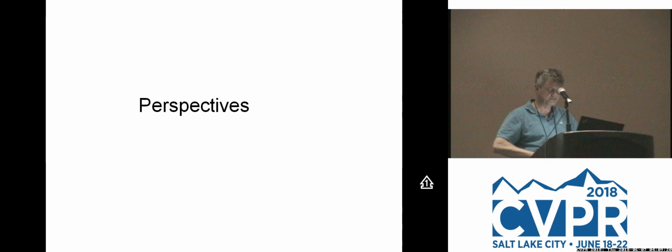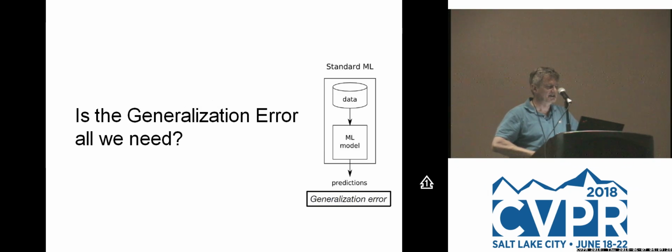Let me show some more almost philosophical issues, but I think they are important. Right now, what is actually being done in machine learning or in computer vision is that you use the standard model of machine learning.